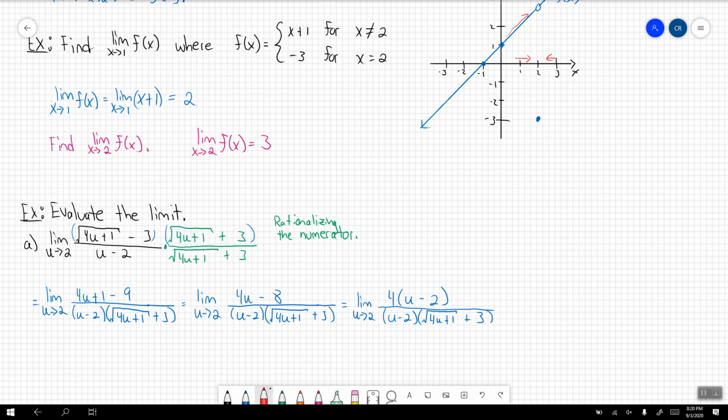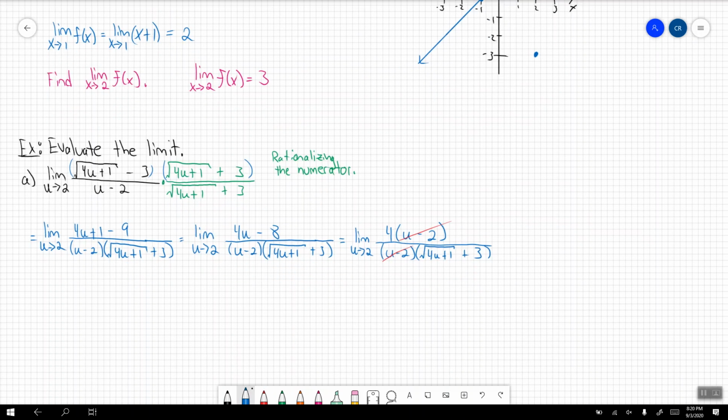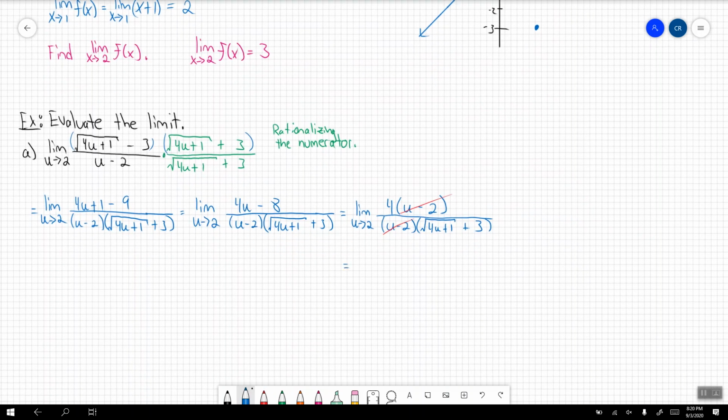And now we can simplify those u minus 2's. We're now left with the limit as u is approaching 2 for the quantity of 4, all divided by the square root of 4u plus 1, and then plus 3.